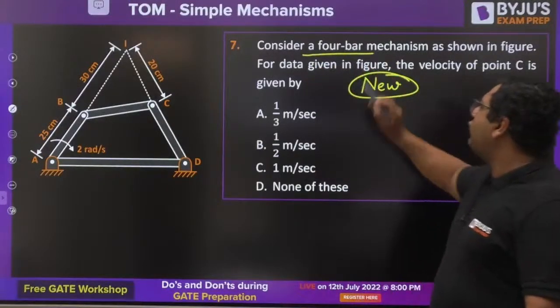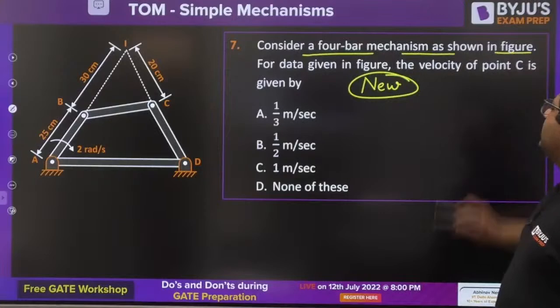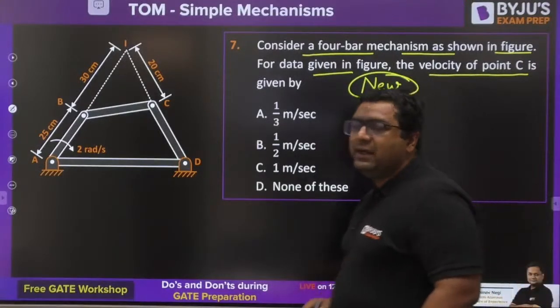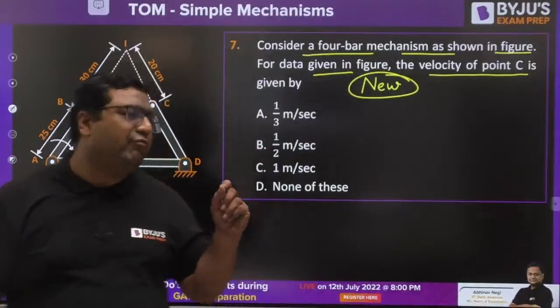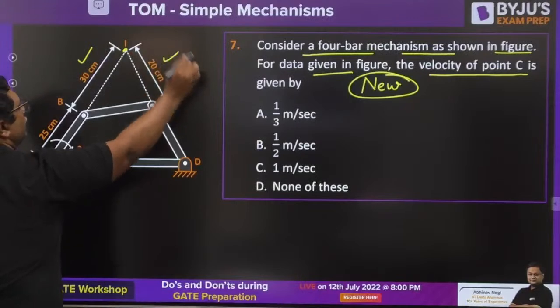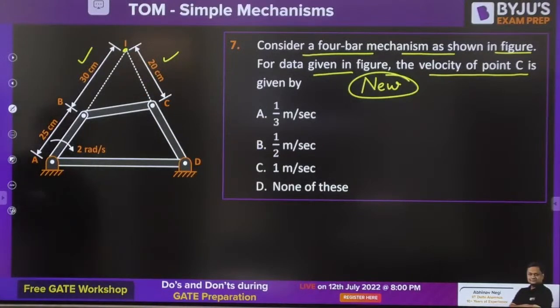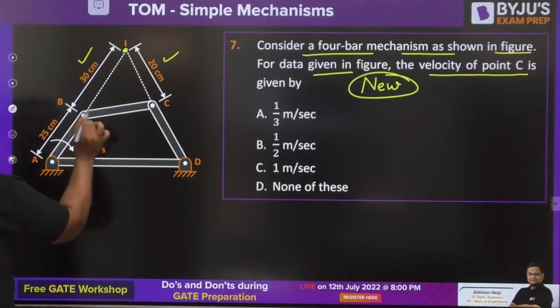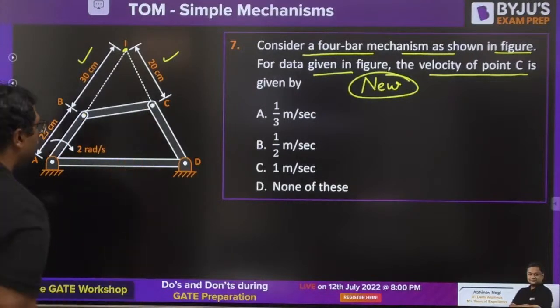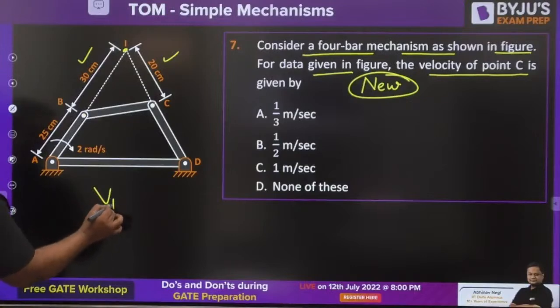So consider a 4-bar mechanism as shown in the figure. For data given in the figure, the velocity of C is given by. Here the best thing is they have made the I center. This is the I center and distances are also given to you. If this is point B, this is point C, you need to find out the velocity of C. I'm giving you a hint.